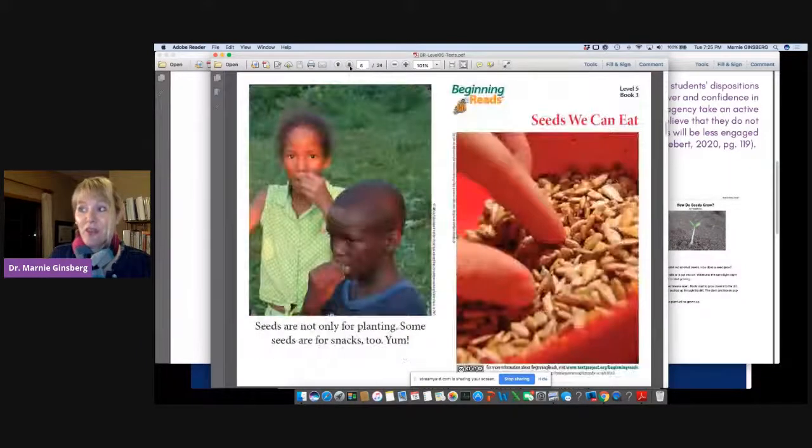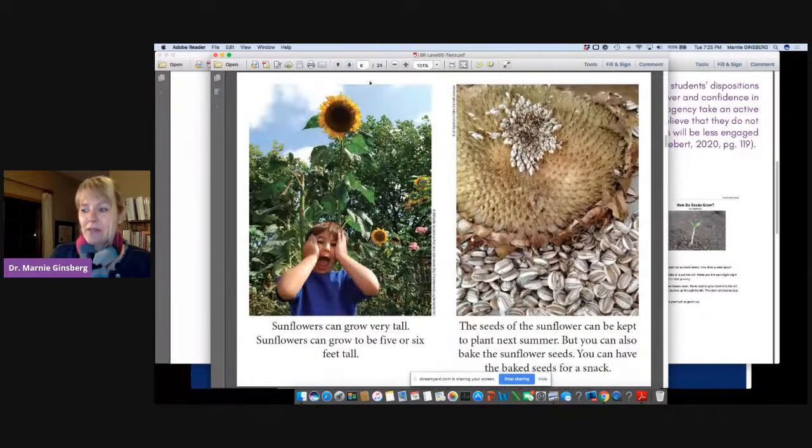And then there's a third one called Seeds We Can Eat. You've got seeds here on this page, and three more times here. You've got the word sunflower, the compound word, 4 times on one page.